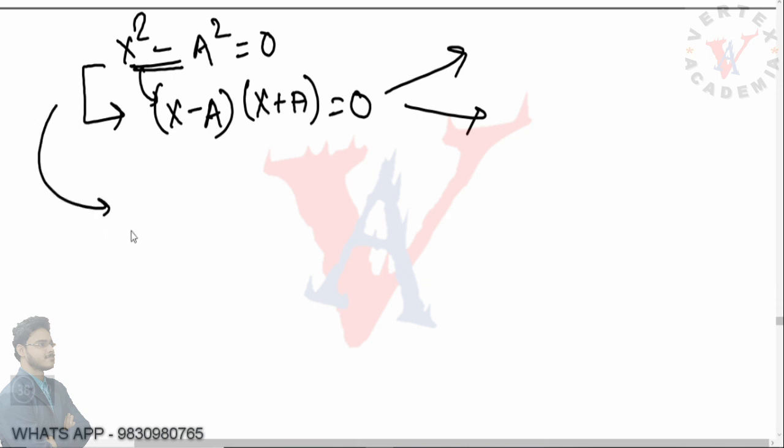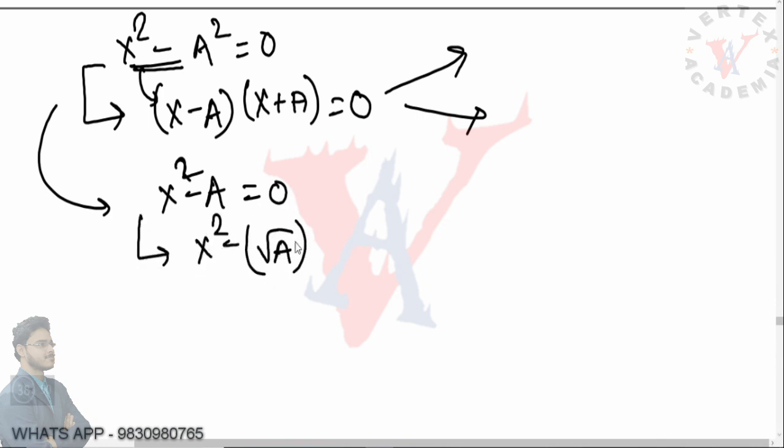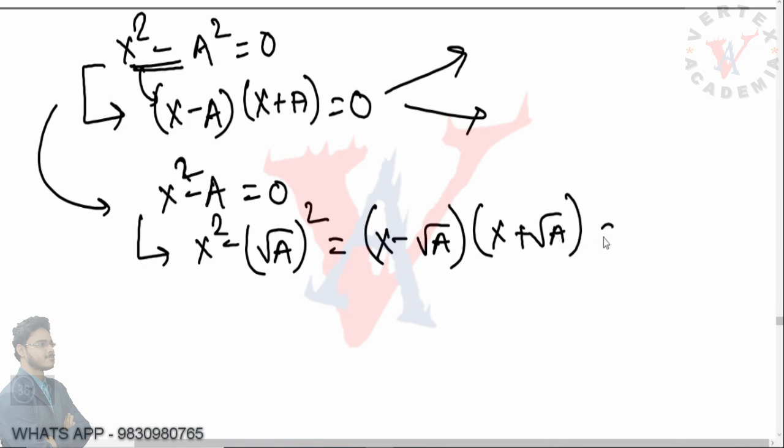Now another instance might be that we get x square minus a equals 0, where a is a constant. Here also we can do the same thing: we can write a as root a whole square, which gives x minus root a into x plus root a equals 0, and from here find the two solutions.